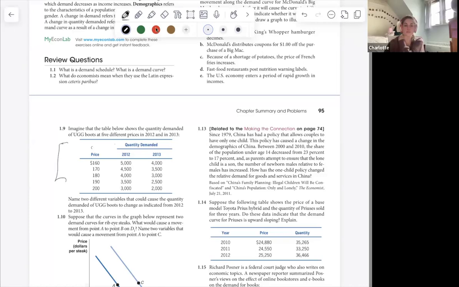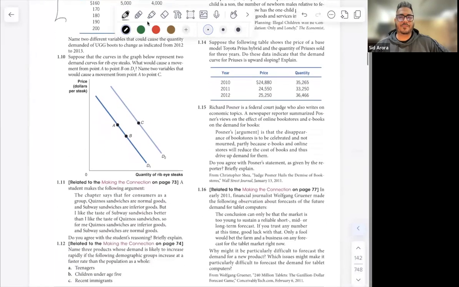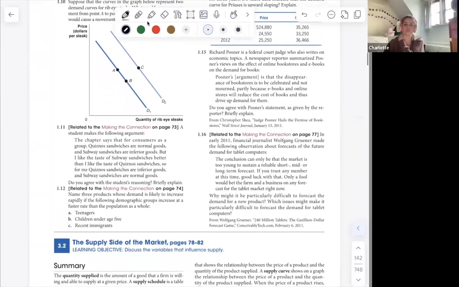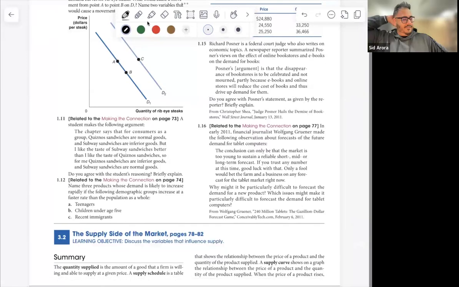Try to find the breakdown. Oh, there it is. Tests are 40%. The quizzes are only 10%. Oh, everything's worth so much this semester.